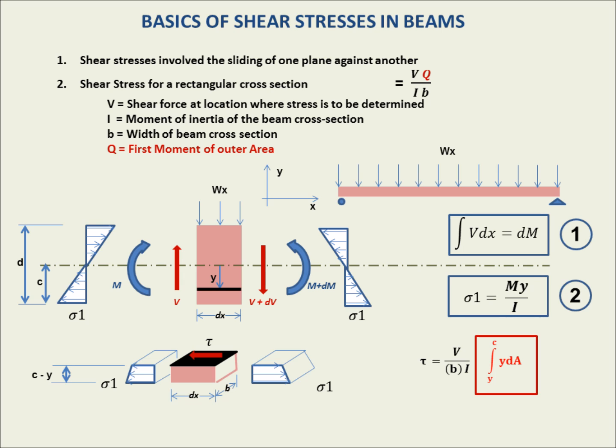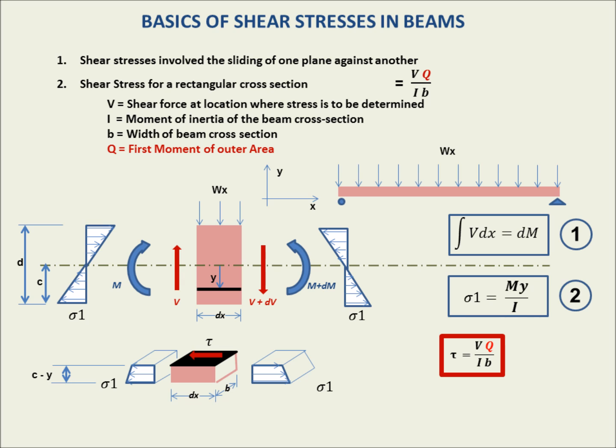So we replace this integral of y dA with Q, and voila, the shear stress is equal to VQ divided by Ib. Again, V is the shear force at the location where the stress is to be determined, I is the moment of inertia of the beam cross-section, b is the width of the beam cross-section, and Q is the first moment of area.